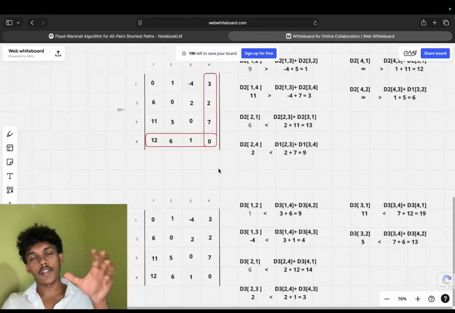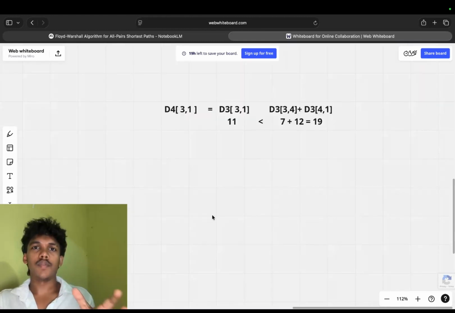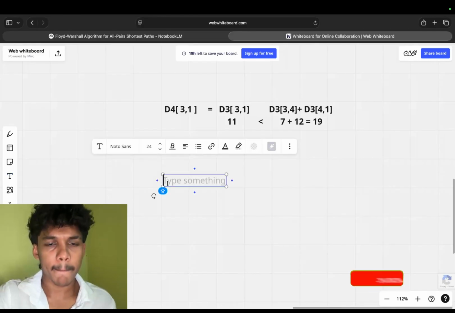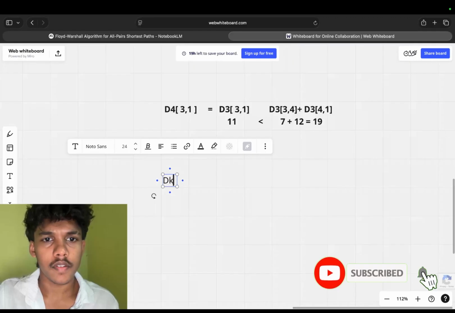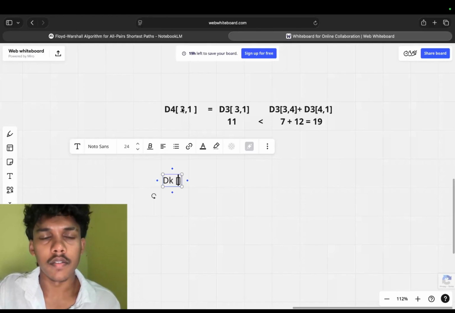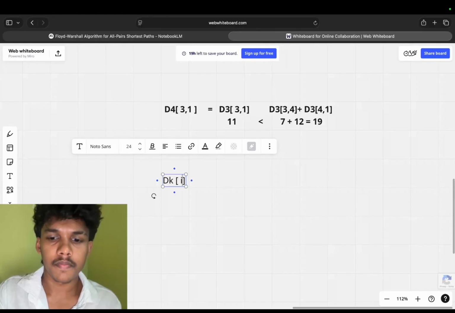So now let's move into the formula that makes up this process. Now let's write the formula for this. We will take these positions as i and j.